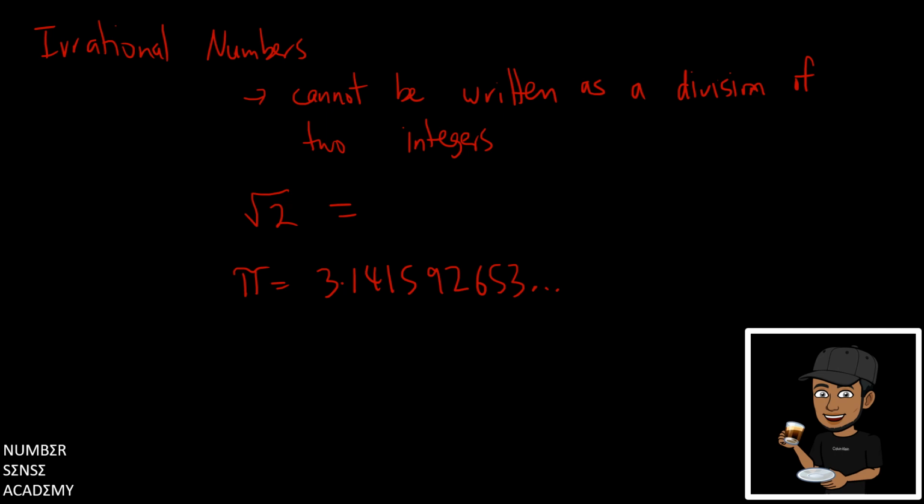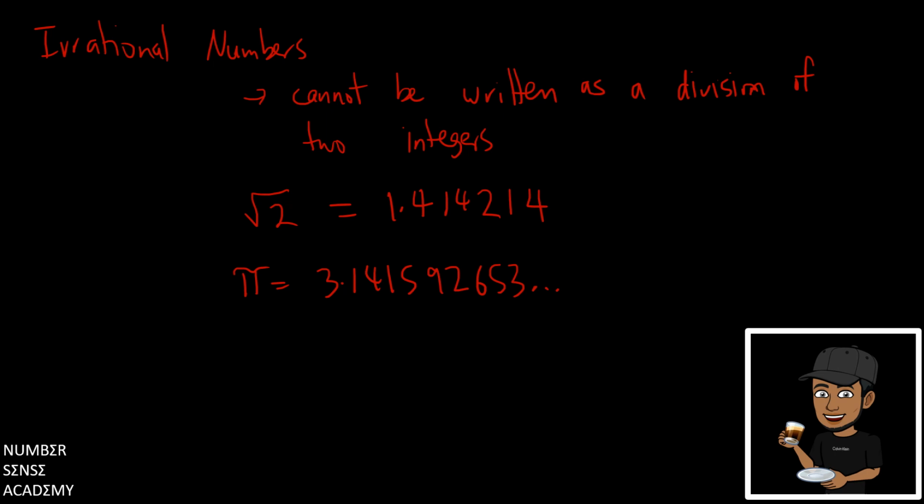The square root of 2 is 1.414214. So these numbers, we don't know what two integers, when you divide them, you end up with 1.414214 and so on.